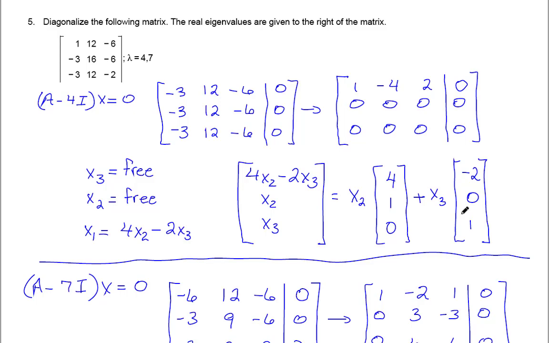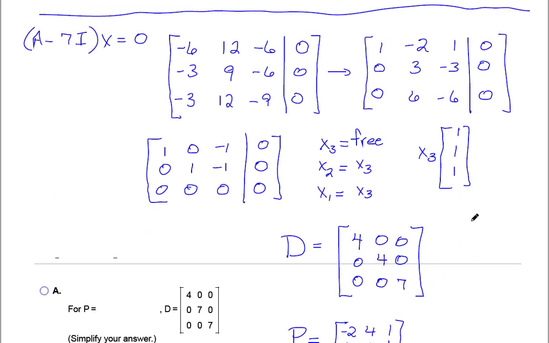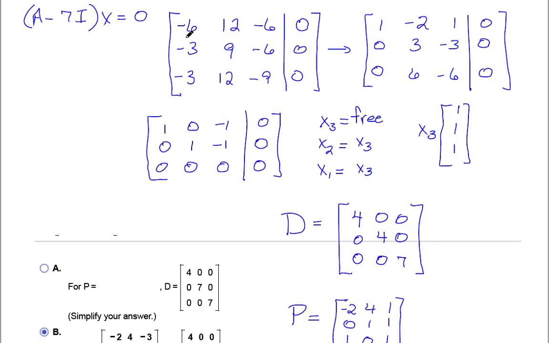I repeat the process for lambda equals 7. And again, it's fairly straightforward to solve. And I end up getting x3 is free, x2 is x3, and x1 is x3.